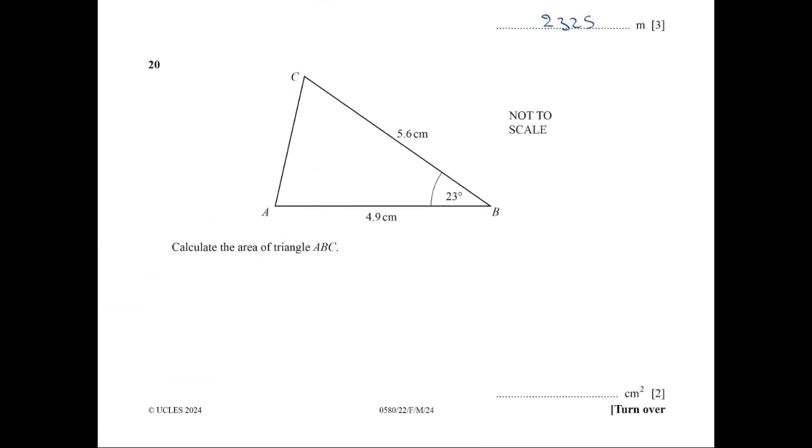Question 20. Calculate the area of the triangle ABC. We all know that the area of a triangle is equal to half times base times height. But this year we studied a new rule, which is half the product of any two sides times the sine of the angle between them. Area equals half the product of any two sides, 4.9 times 5.6, but the angle between them is a must, times sine 23.